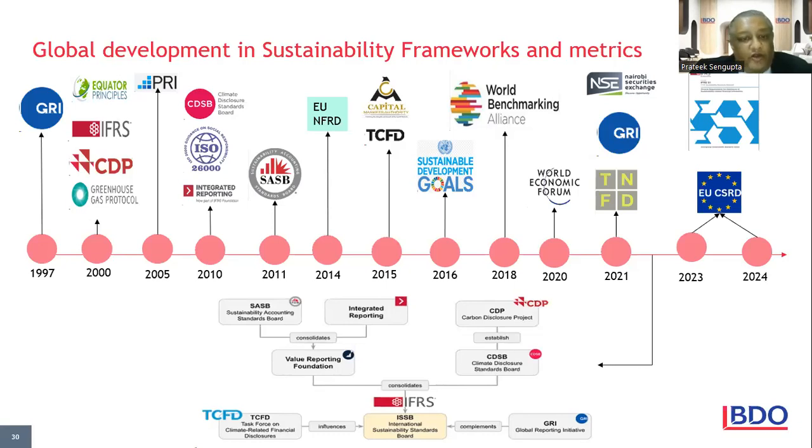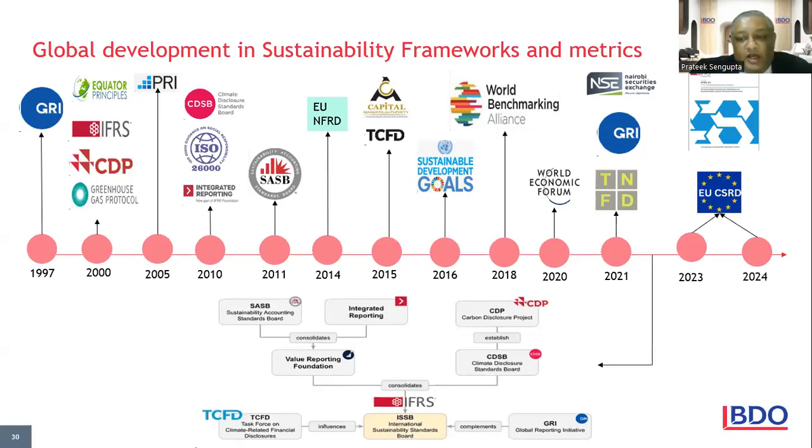And this was creating a lot of confusion. So in 2022, IFRS, along with GRI, TCFD, the Value Reporting Foundation, which was earlier known as IIRC, and CDSB decided to jointly come together and create a consolidated set of reporting frameworks.